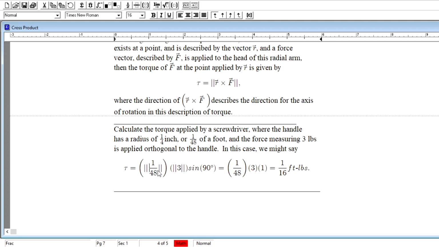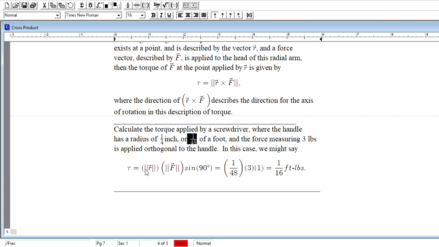Now, I should be terribly careful here. Let's be a little careful. Let's be general here. This is not the true magnitude there. These aren't vectors, so I have to make sure I have vector descriptions in there. So I'm just going to call these our R bar and our F bar, where their magnitudes are actually given by these measurements.